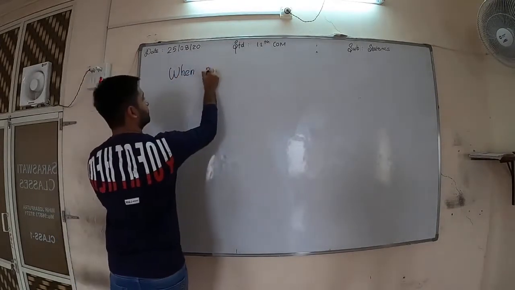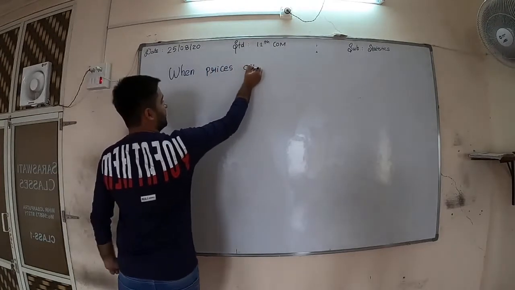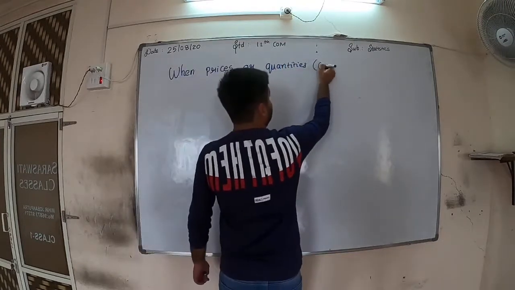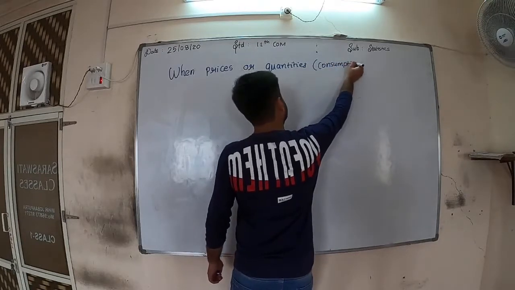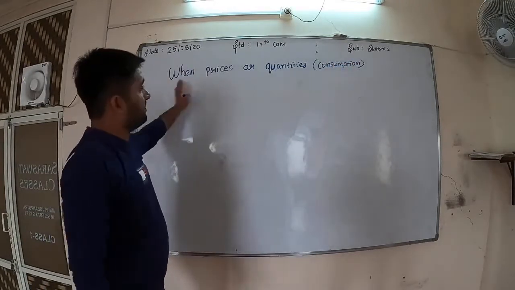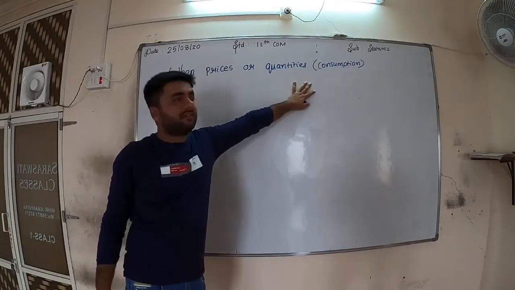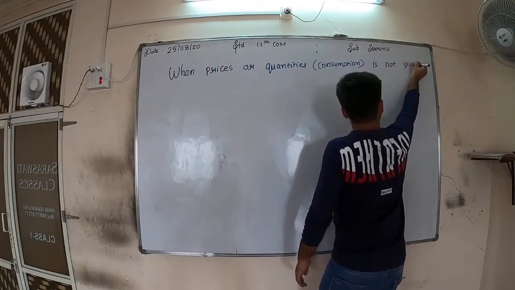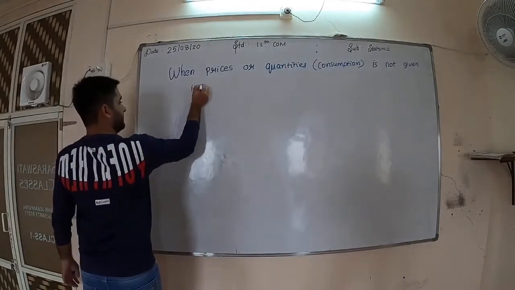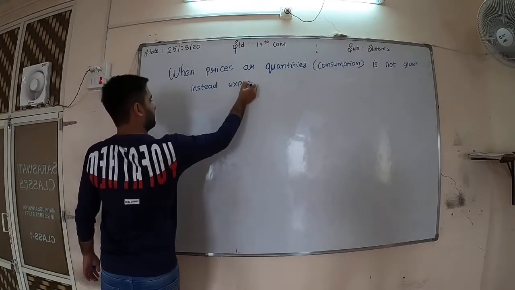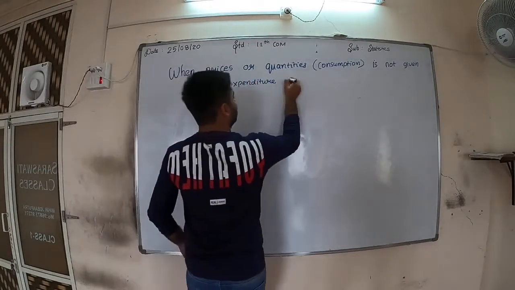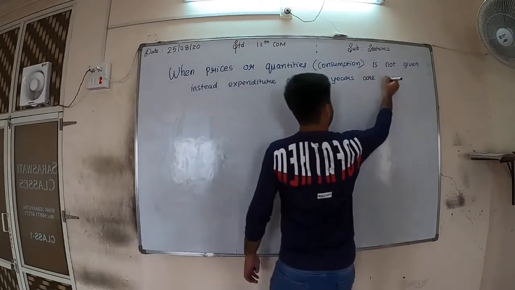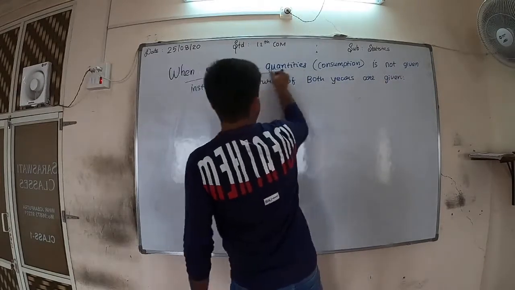When prices or quantities, the other name of quantity is consumption, are not given, instead expenditure of both years are given. This is your heading.